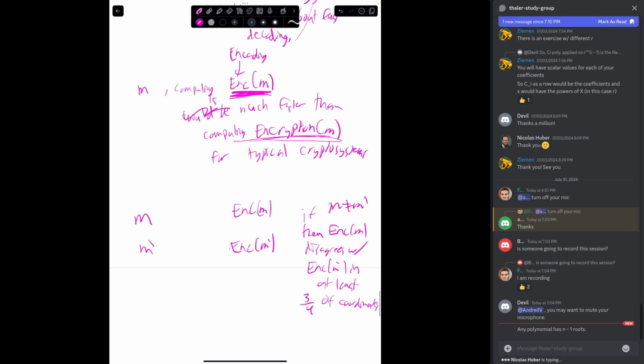And with encryption schemes, I'd have to think about whether they actually have that property or not.